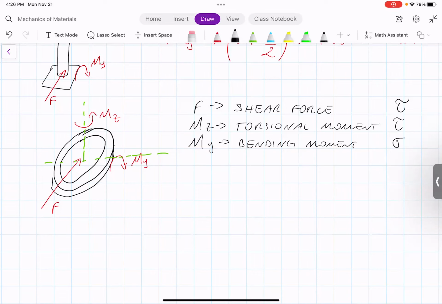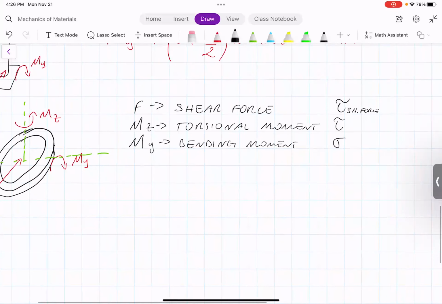Since the shear stress is given by two different loads, we can specify. The first one is the shear stress due to the shear force, and the second is the stress due to the torsional moment.